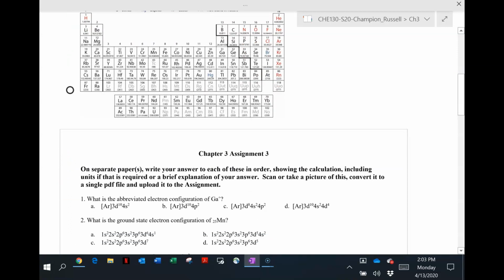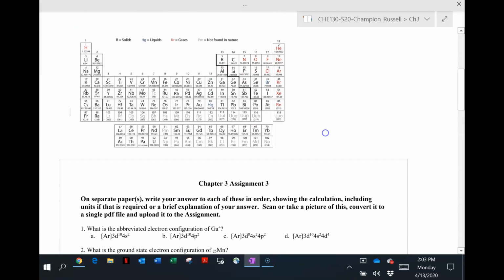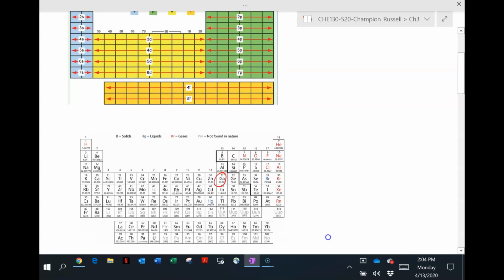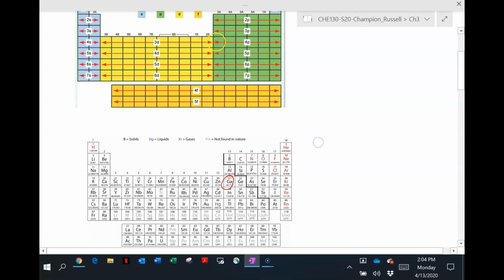All right, so if we're looking for gallium plus, gallium is right here, 31. If I translate that up here, that's right there. This is gallium. So gallium would be 1s2, 2s2, 2p6, 3s2, 3p6, 4s2, 3d10, 4p1.